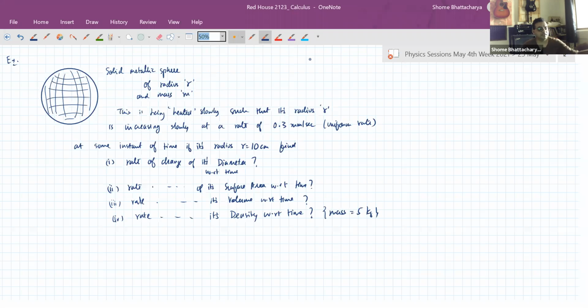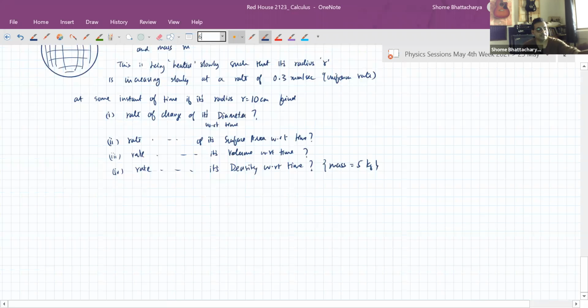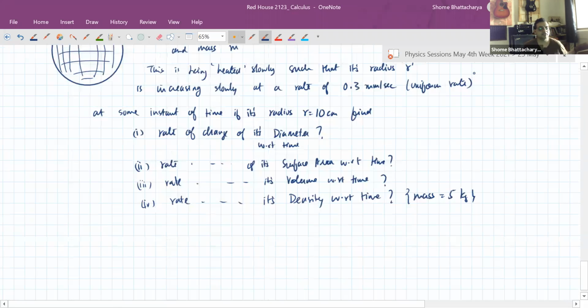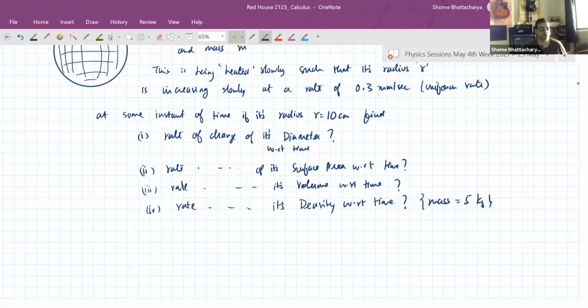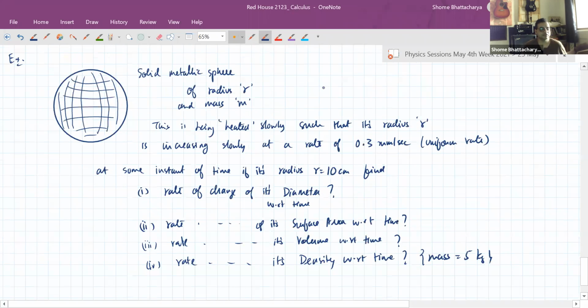So in any question like this, when we just use the term rate of change, we always mean instantaneous rate of change. We don't mean average rate of change. That is something we should understand as a generality now.